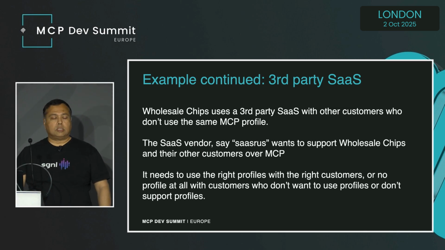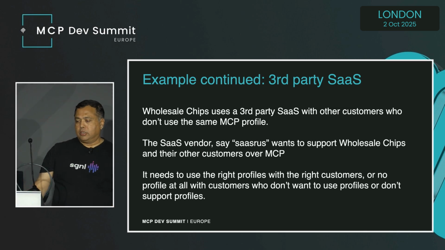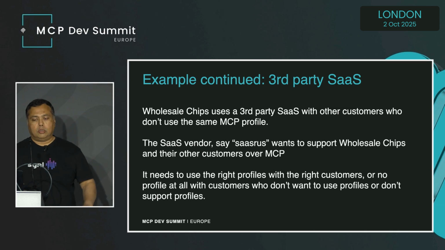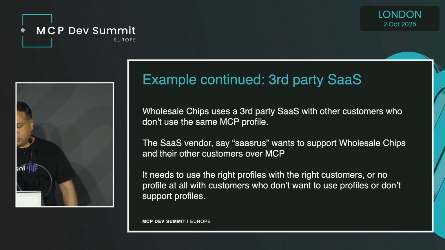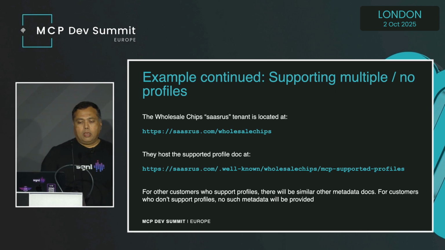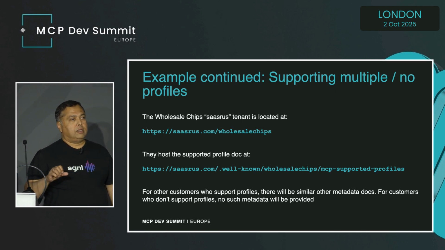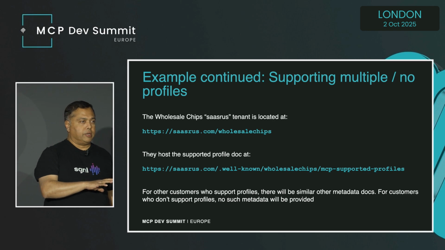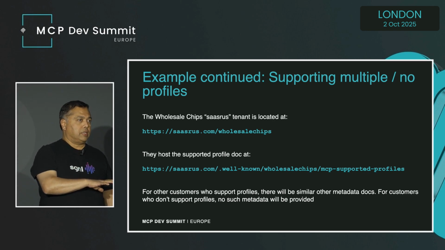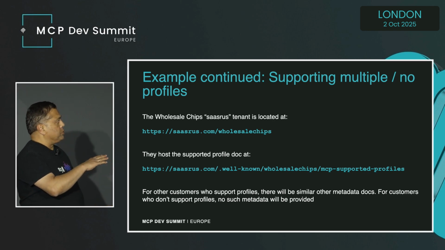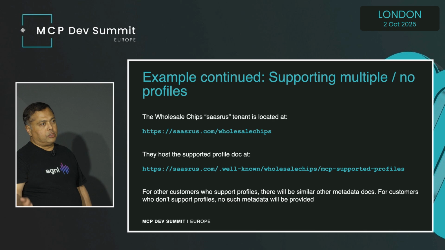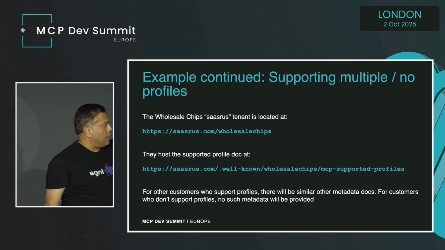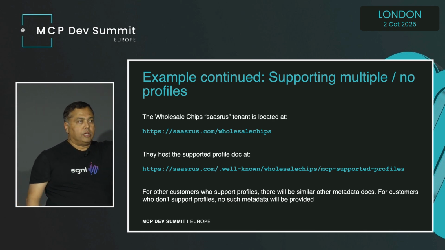So this service called SaaS decides to support the wholesale chips profile, and how it does that is through the well-known URL for that particular tenant of SaaS. So this tenant is wholesale chips, SaaSRS.com/wholesale chips. The well-known URL for that has the wholesale chips in its path, right?